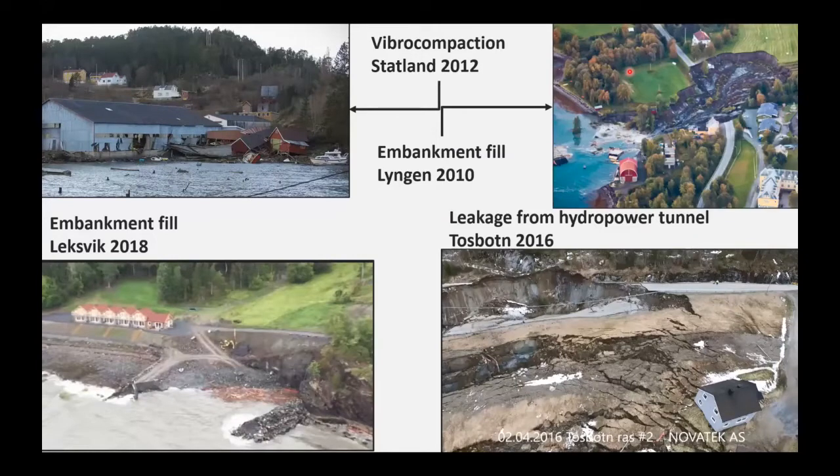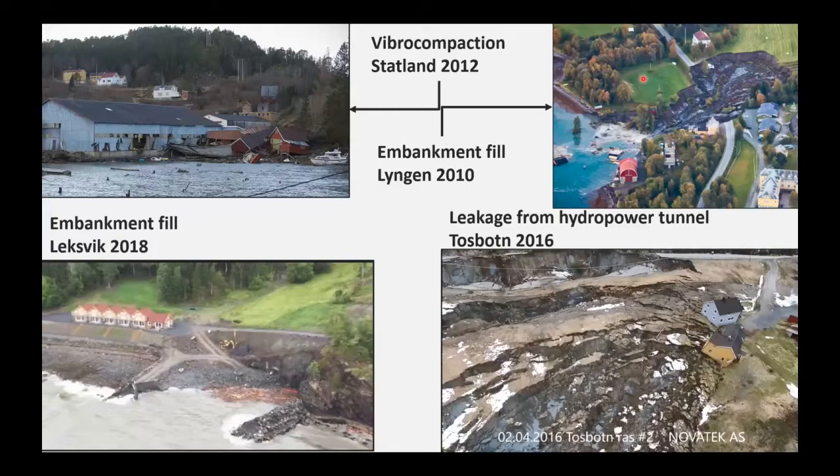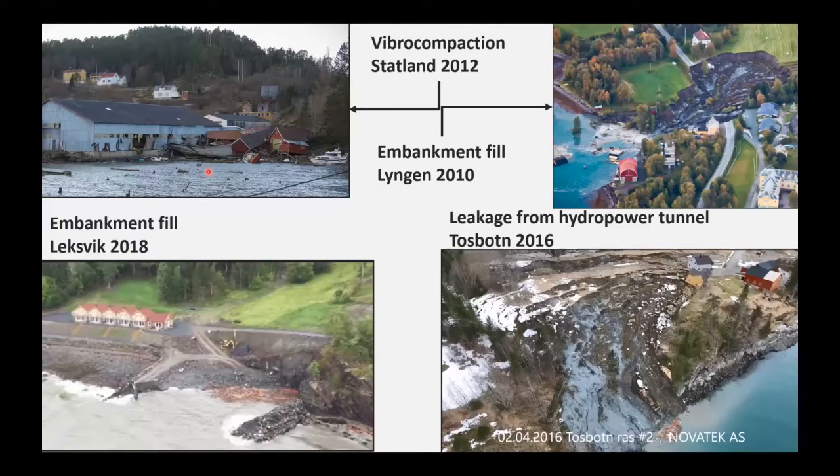There are several examples. One at Statland was triggered by vibro compaction along the shoreline. The one here at Lyngen, it was a small embankment fill along the coast that triggered a landslide, and it retrogressed on land. The one at Leksvik here, same thing.